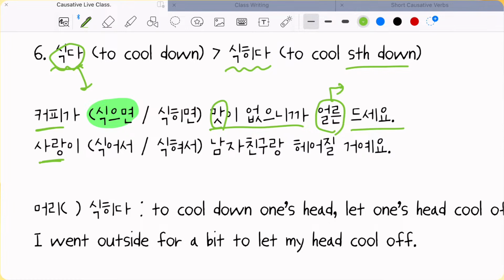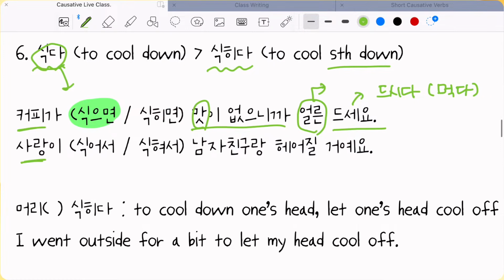얼른 is an adverb that is used to hasten someone, to quicken someone to do something. 얼른 드세요. Hey, quickly eat it. And then 드시다 is the honorific of 먹다, which means to eat. But one weird thing about the Korean language is that we tend to use 먹다 not just for food, but also for drinks, for beverages as well.